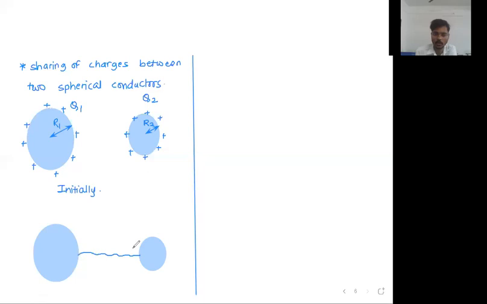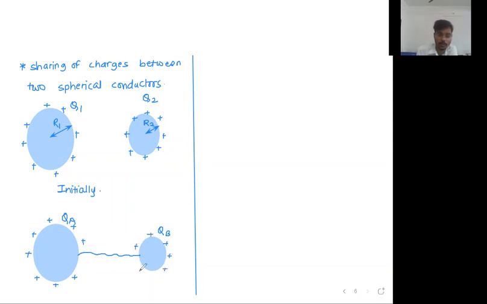Either it will flow from the larger sphere to the smaller sphere, or from the smaller sphere to the larger sphere, that we can decide. But let's say the final charge on the first sphere is QA and the final charge on the second sphere is QB. Definitely charge will get redistributed. Why? That I will answer.